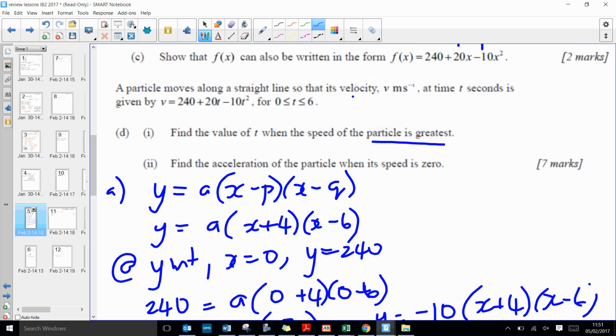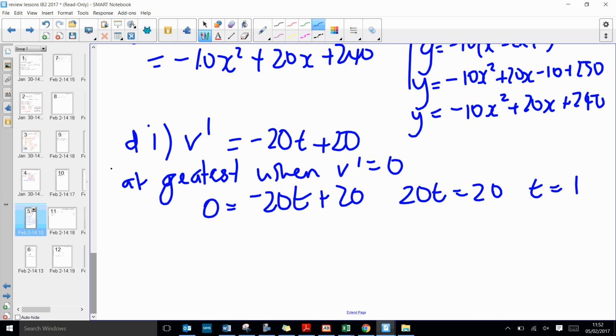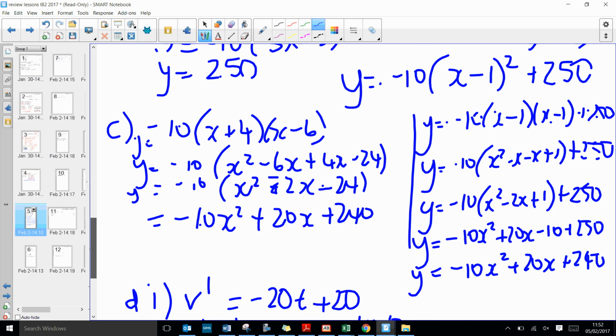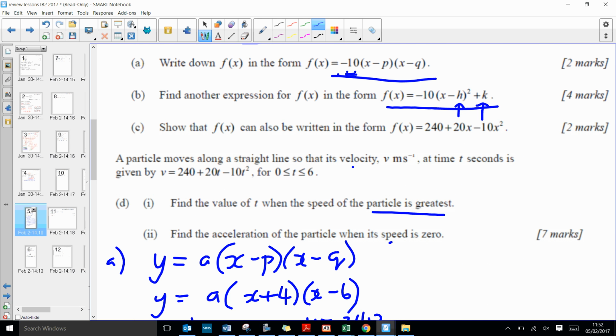And we now have to find the acceleration of the particle when the speed is 0. Remembering our relationship between displacement, velocity and acceleration, we know that acceleration is found by differentiating the velocity expression. So we already know that acceleration is equal to negative 20t plus 20, but we need to establish the acceleration when the velocity is 0, or when the speed is 0.